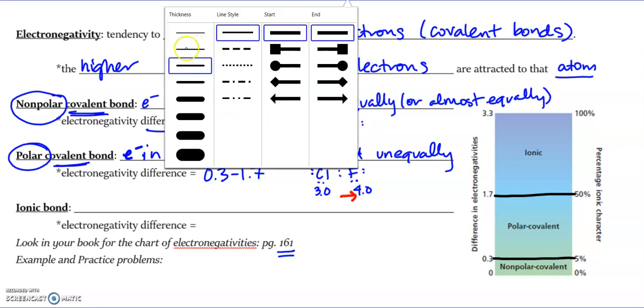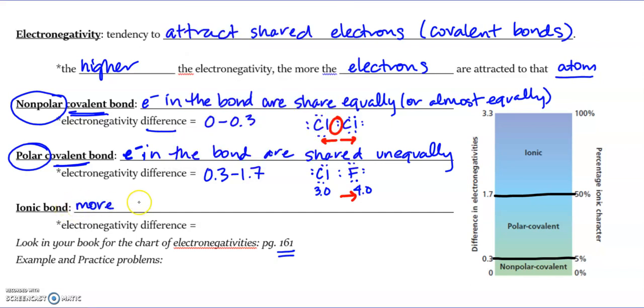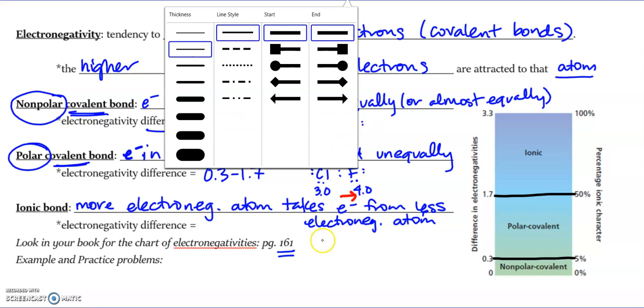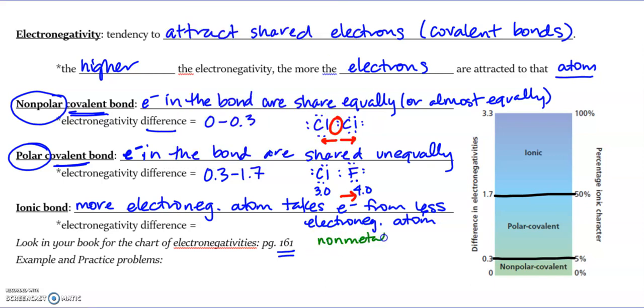So this means for ionic that the more electronegative atom takes electrons from the less electronegative atom. What this will be is the nonmetal takes electrons from the metal.